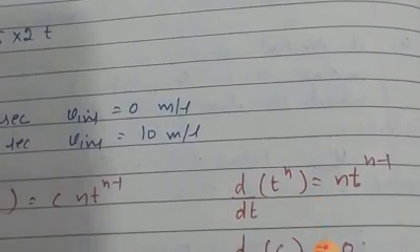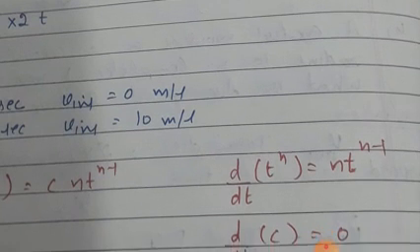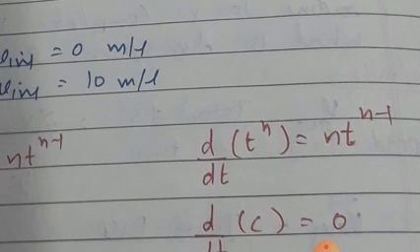Here I have written the general formula for differentiation: if we differentiate t^n with respect to time, the answer is n t^(n-1). We apply this formula to d/dt of t².